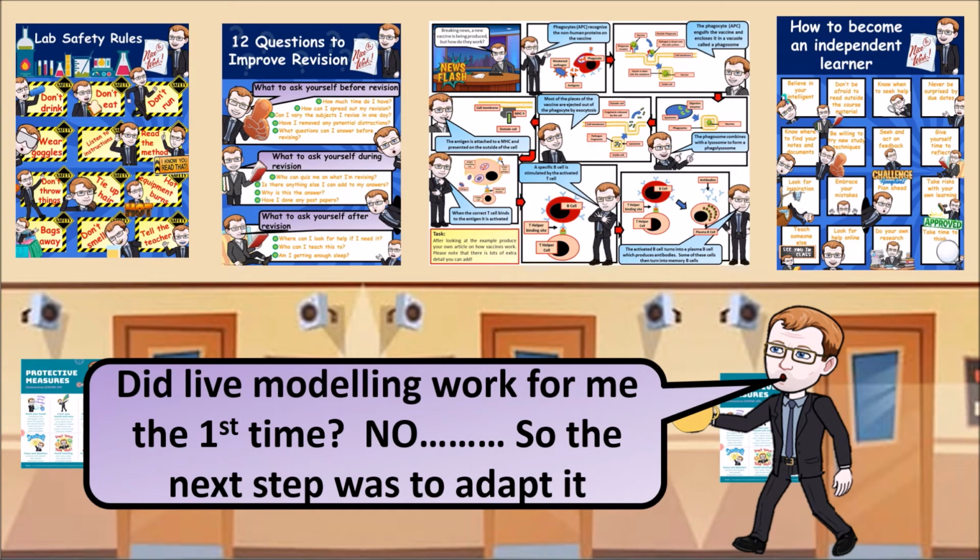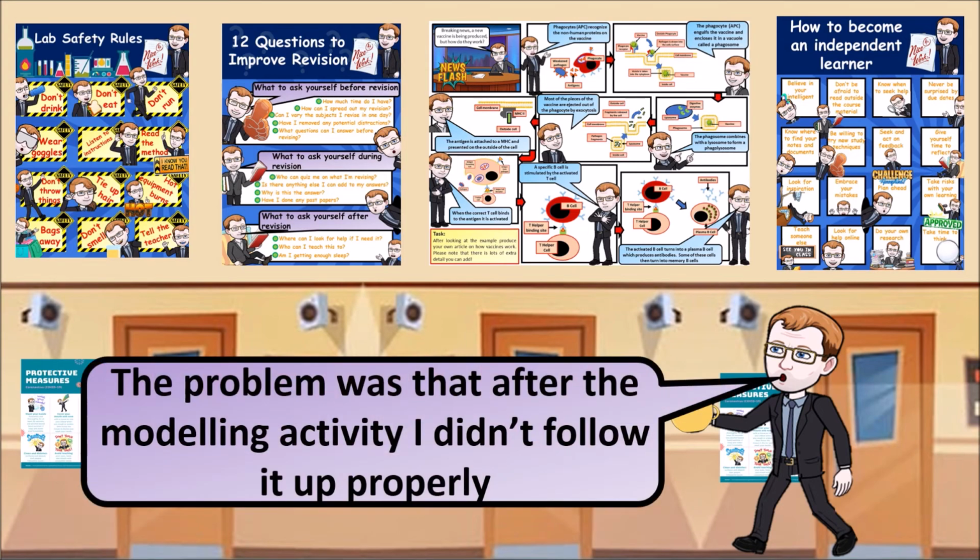So, in the real world, so in practice, did live modelling work the first time? If I'm quite honest, no, it didn't work the first time. It's something that you do need practice, and it's something that did need to be adapted, right? So the problem was that after the modelling activity, the first time I did it, I didn't really follow it up properly.